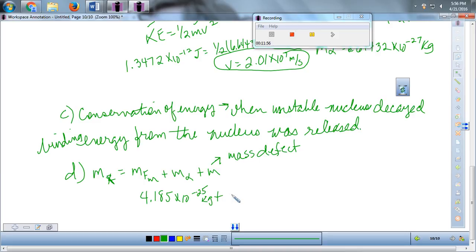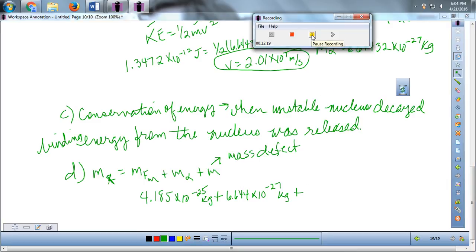The mass of the alpha particle we just said was 6.64 times 10 to the minus 27th kilograms. All right, and then we knew from our, hang on, let me stop for a minute. Okay, so then I have to find that little m.